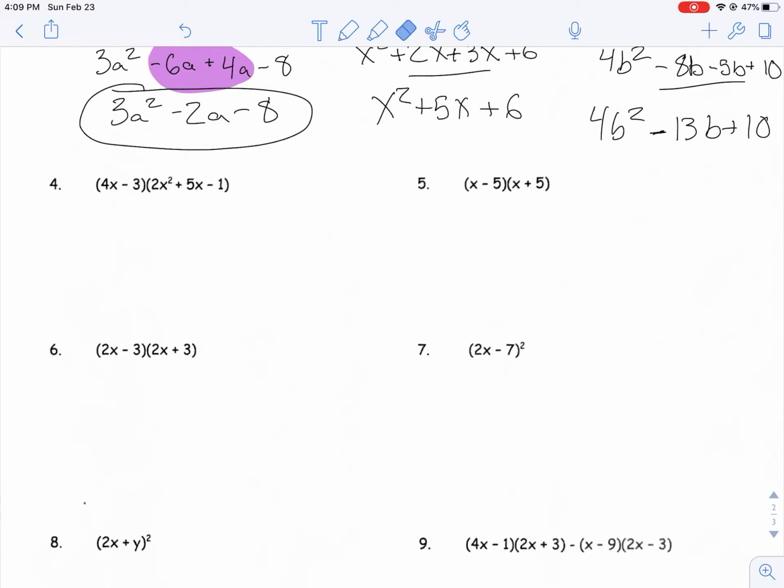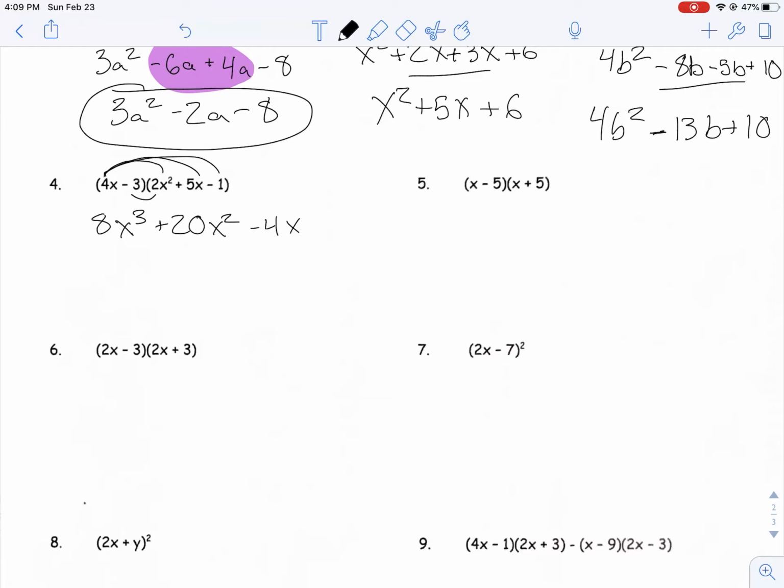So let's start. The 4x to the 2x squared would be an 8x to the third. 4x and 5x would be 20x squared. 4x and negative 1 is negative 4x. And that's the first ones. Now we can go with the second ones, and I like to draw these under to keep them a little bit separated here.